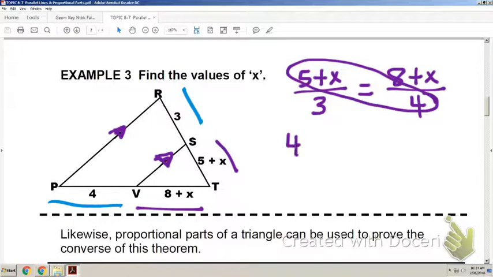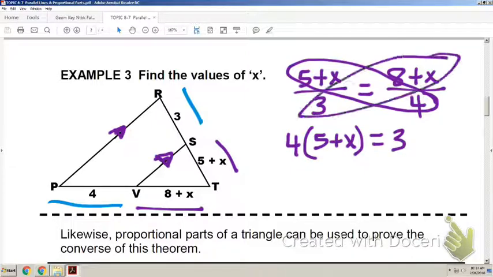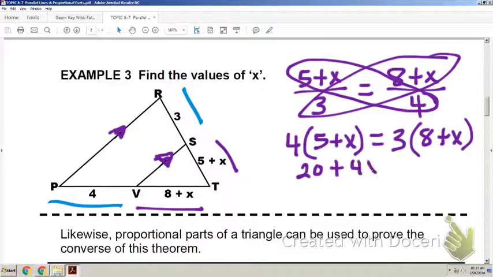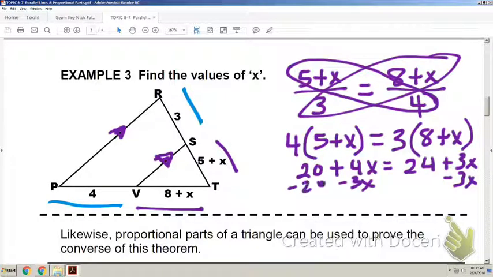So I'm going to write that out. 4 open parentheses 5 plus x equals 3 open parentheses 8 plus x. So we have 20 plus 4x equals 24 plus 3x. I'm going to subtract 3x from both sides, and I'll go ahead and subtract 20 from both sides. So that will give me x equals 4. So we found the value of x, that's all we had to do.